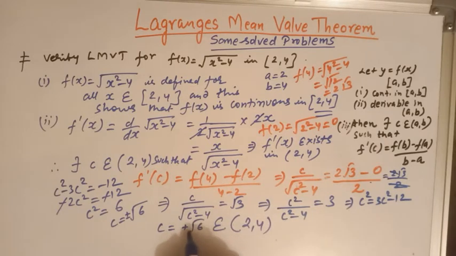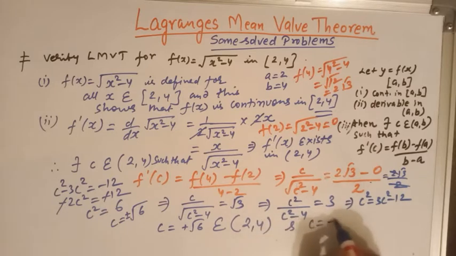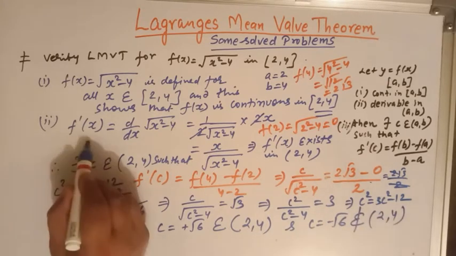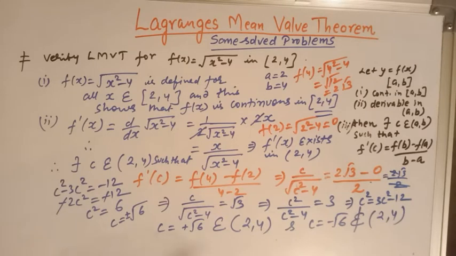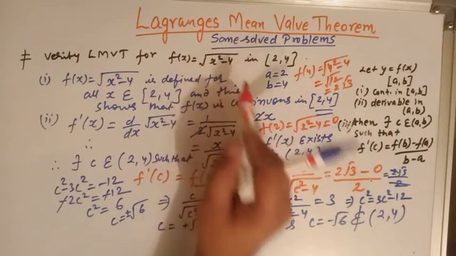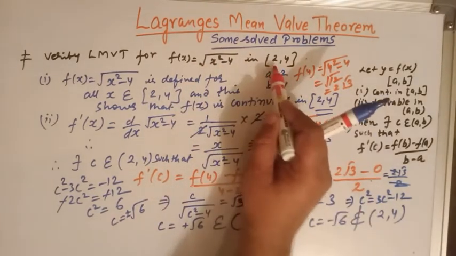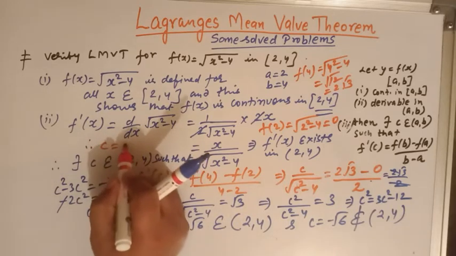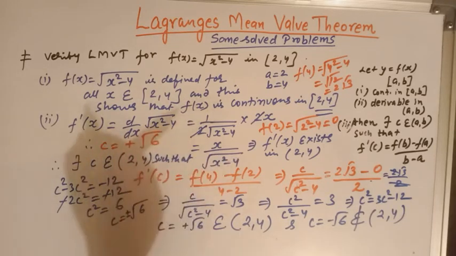Clear? Because the square root of 6 is 2 point something, and it obviously lies in this interval. And c equal to minus square root of 6 does not belong to (2, 4). So therefore Lagrange's mean value theorem for f(x) equal to square root of x square minus 4 in [2, 4] is verified for c equal to plus square root of 6.